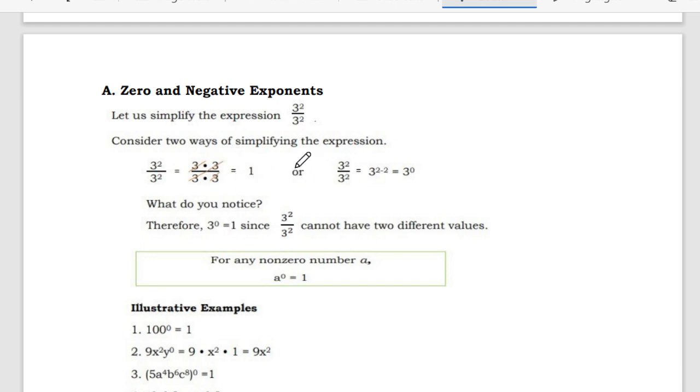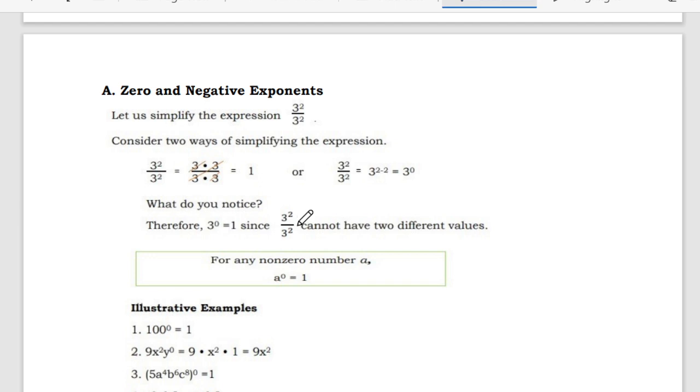Or you can also apply the laws of the positive integral exponent. That is, you just write the base 3 raised to m minus n. Your m is 2. Your n is also the exponent of the denominator. 2 minus 2 is 0. And what do you notice? 3 raised to 0 is 1.